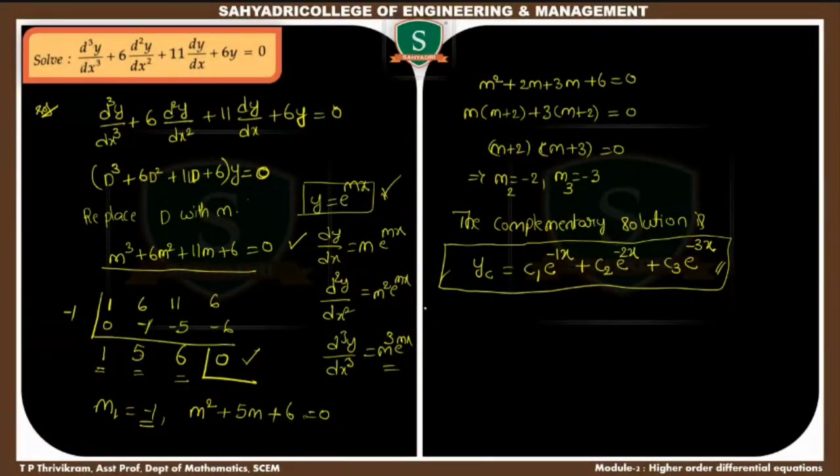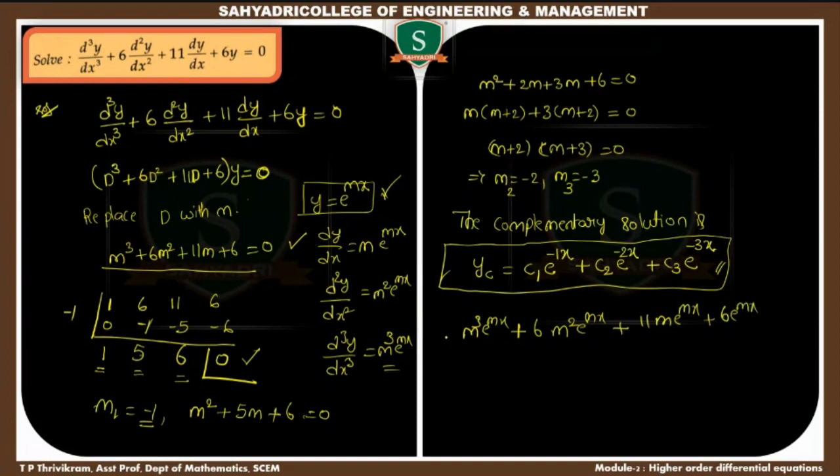So the first term is d cube y by dx cube, which is nothing but m cube e power mx, plus the second term, 6 into d square y by dx square, that means 6 m square e power mx, plus 11 into m into e power mx, plus 6 e power mx.